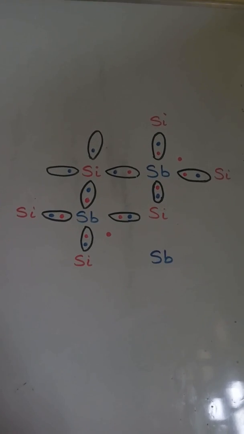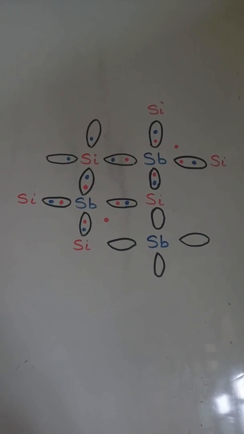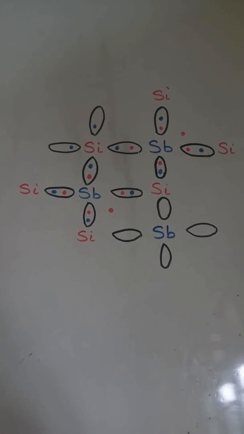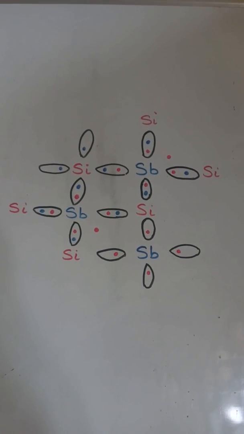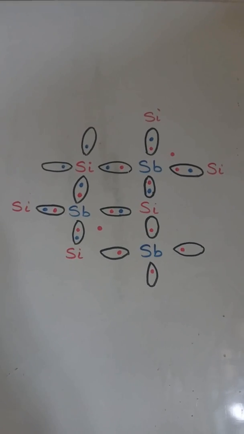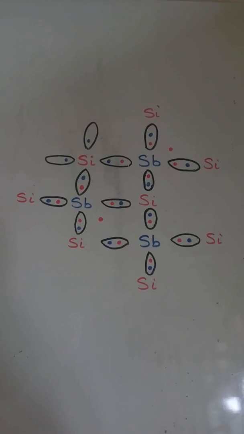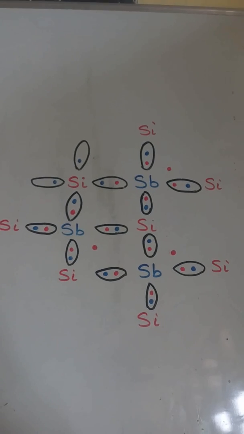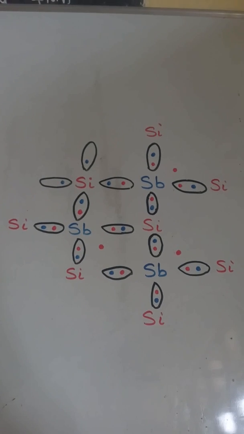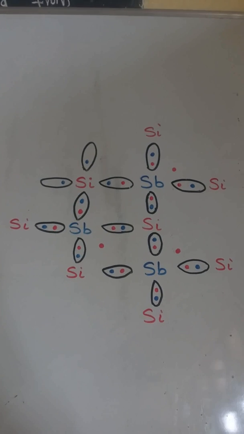Another antimony atom has 5 electrons in its outermost shell. 4 electrons are going to be bonded with silicon atoms. One unbonded electron, which is free, is going to be excited to the conduction band to conduct electricity.